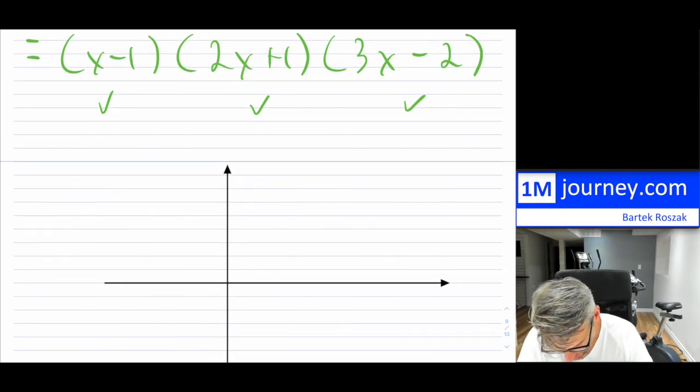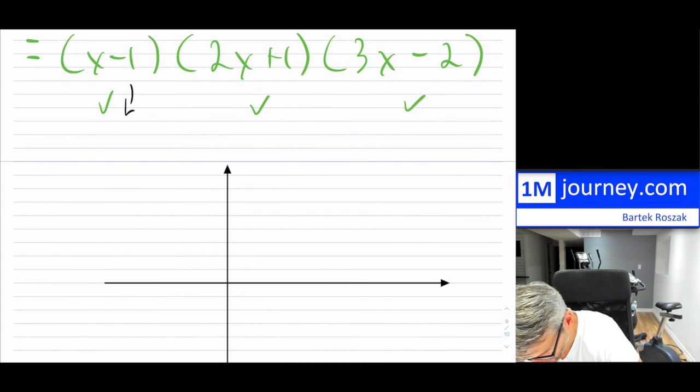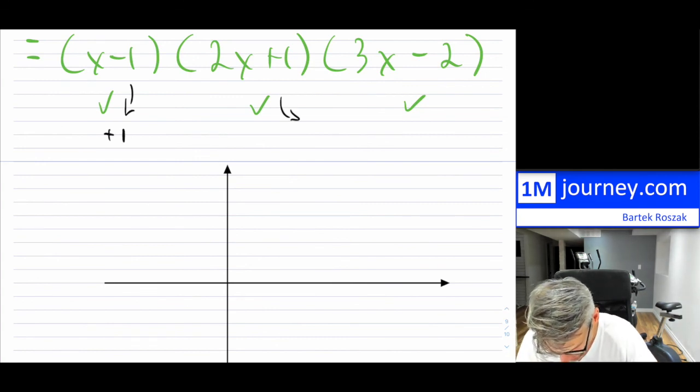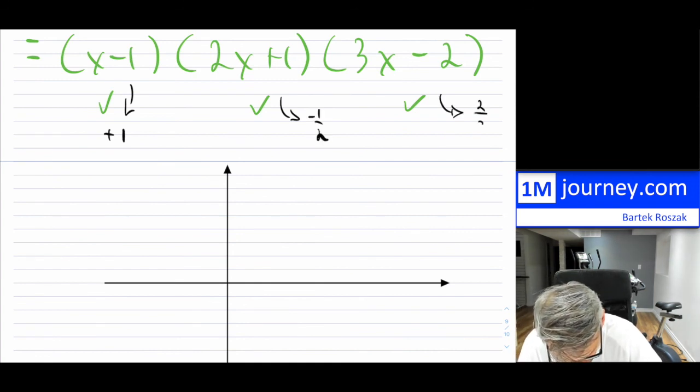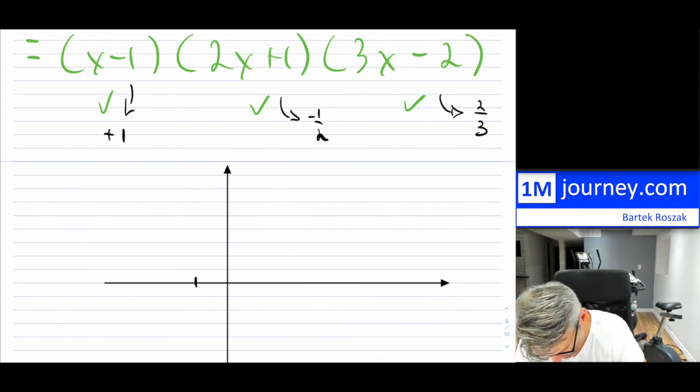Which ones do I have? So from here, this is a zero at plus 1. From here, this is minus 1 over 2, as we got. From here, this was 2 over 3. So let's say negative 1 over 2, here is 2 over 3, and then close to that is just 1.